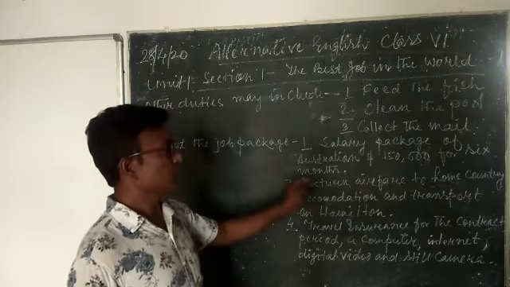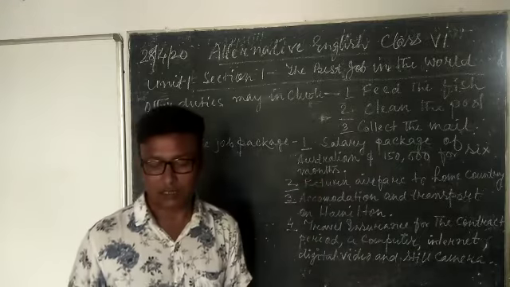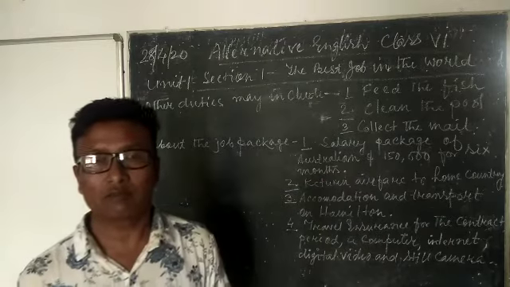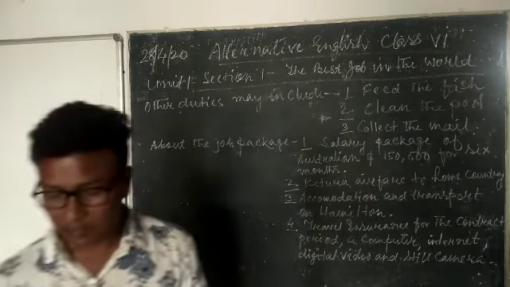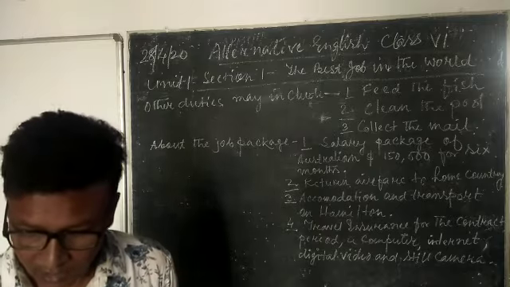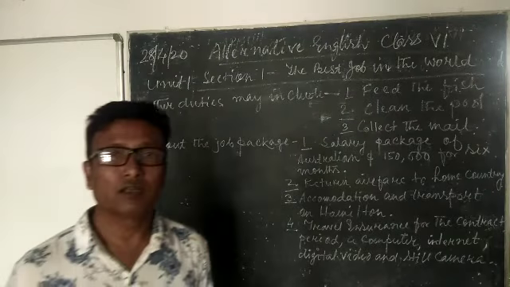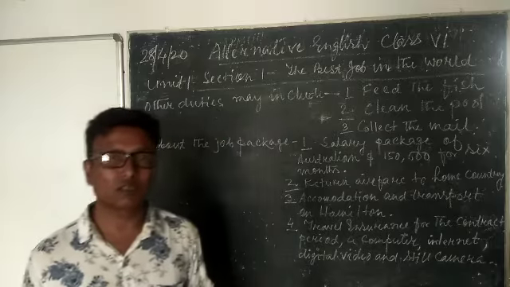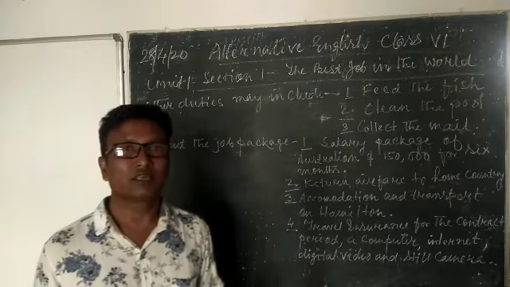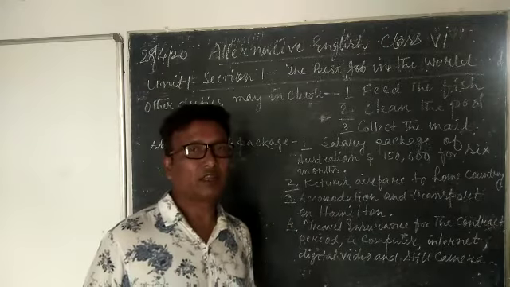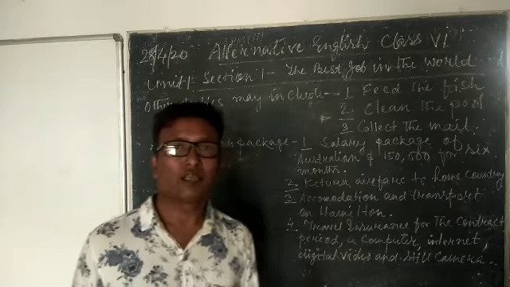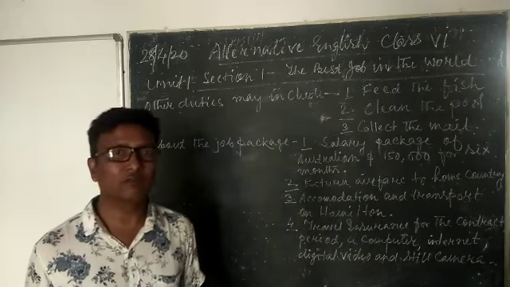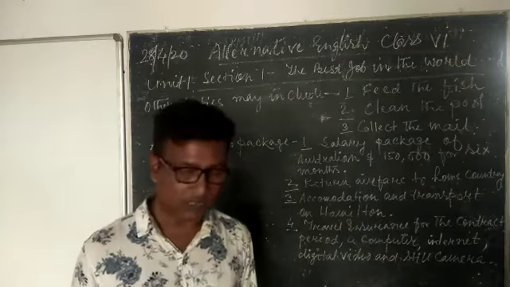Then, second point is clean the pool. The islands there, the water there has an automatic filter, so it remains clean all the time. But the person who gets the job, if he sees some leaves falling on the water, it is advised that he should swim up to that leaf and remove it from the water.